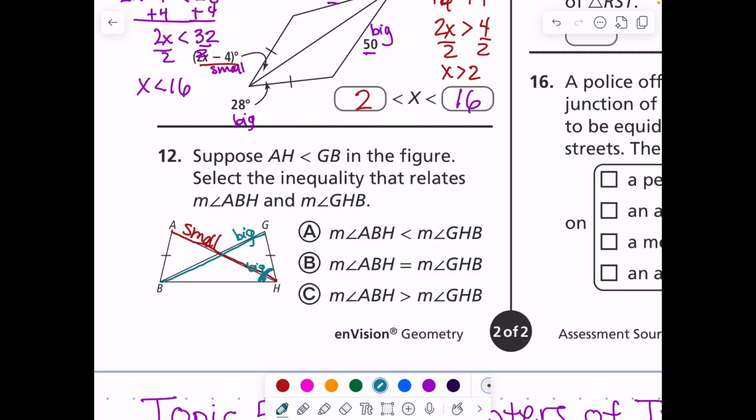Big. And that this angle right here is small. And so then the questions go with that. The angle that it would go with is ABH is the small. So ABH is the small. And then this one is the big one, so it fits this one right here.